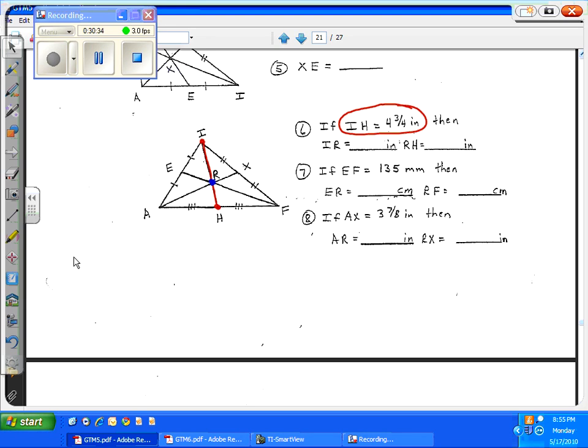In other words, the big piece IR is 2/3 of the whole thing, and the little piece RH is 1/3 of the whole thing. So IR is equal to 2/3 of the whole thing, IH, which is 4 3/4.